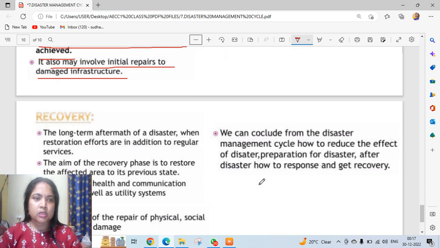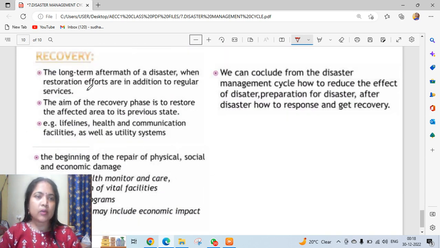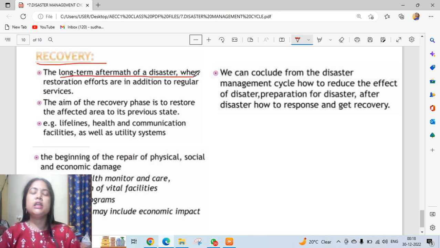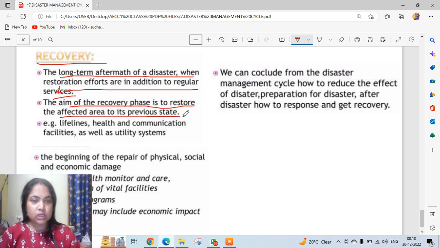Okay, then the last phase is our recovery phase. It is nothing but the long-term aftermath of a disaster. It also takes place after the disaster, when restoration efforts are in addition to regular services. The aim of the recovery phase is to restore the affected area to its previous state, means we say it as resilience, isn't it?